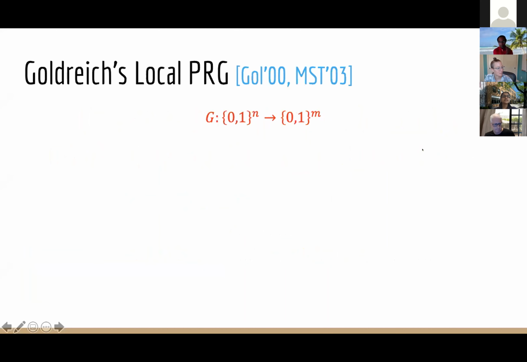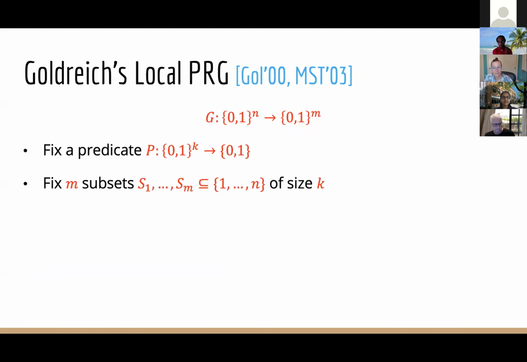Okay, let's start with the generator proposed by Goldreich in 2000. What this generator does is it takes an n-bit input and outputs an m-bit string, where we want m to be greater than n. And it does as follows. It fixes a predicate P, which is a k-ary Boolean predicate that takes in k bits and outputs a single bit. And it also fixes m subsets of 1 to n, which are of size k.